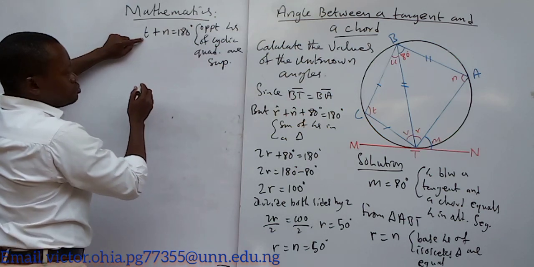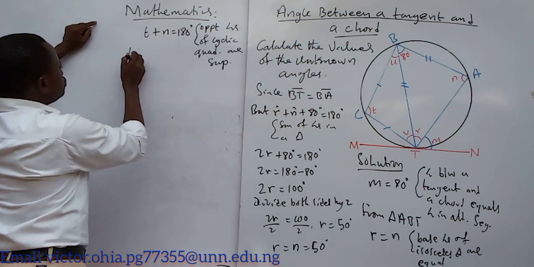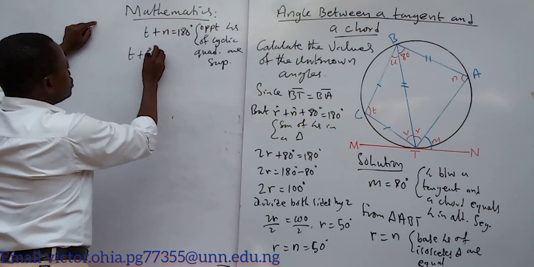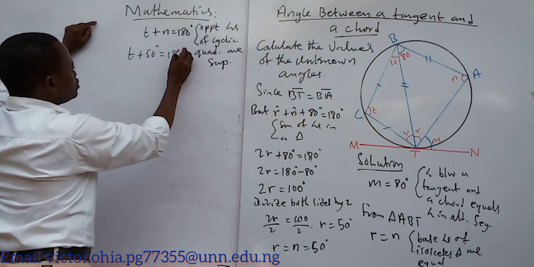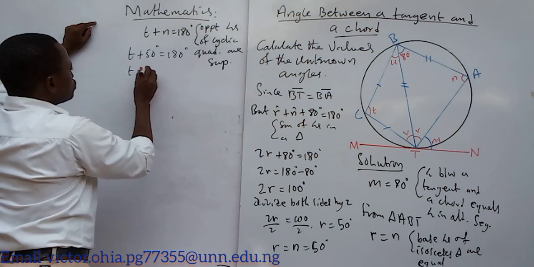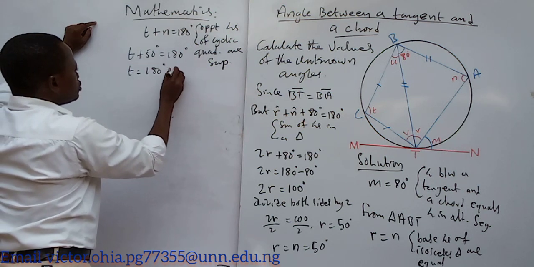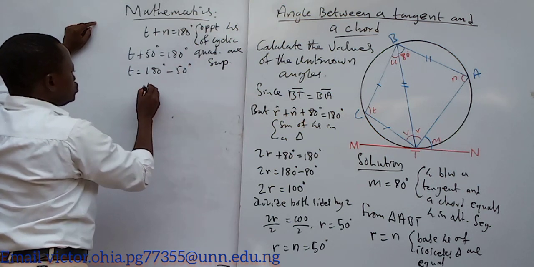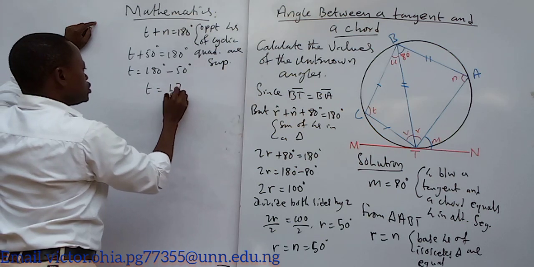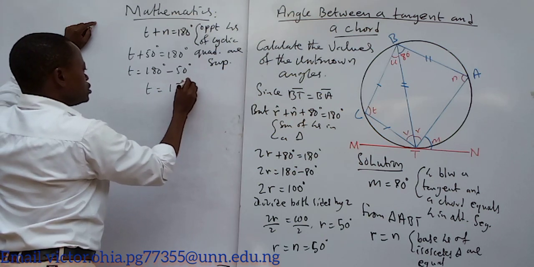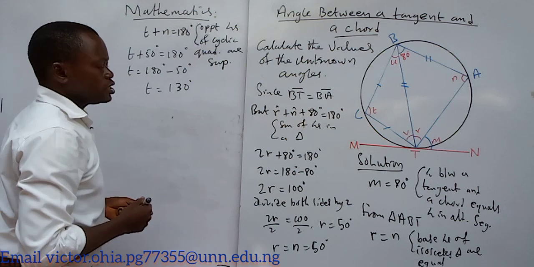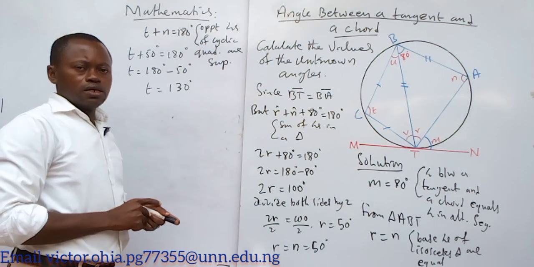So it then means that c plus 50 degrees is equal to 180 degrees. That means t is equal to 180 degrees minus 50 degrees. So t is equal to 130 degrees.